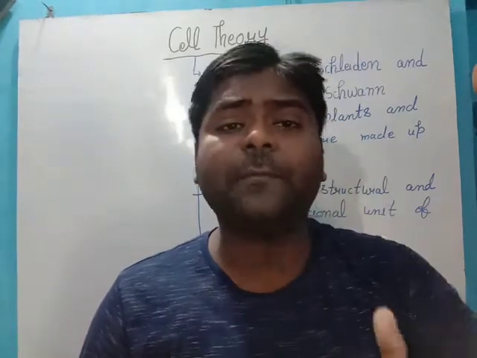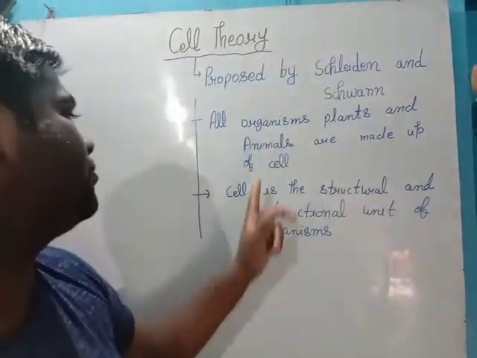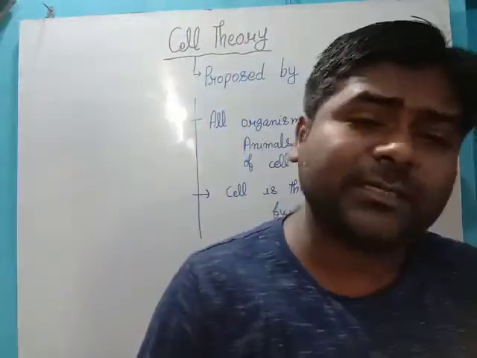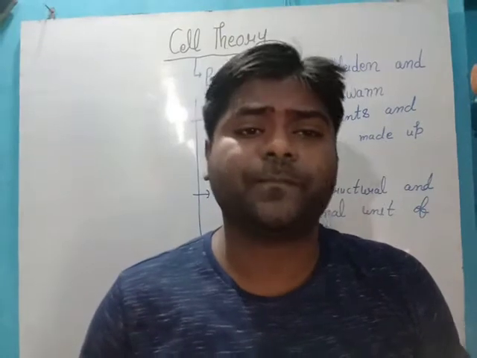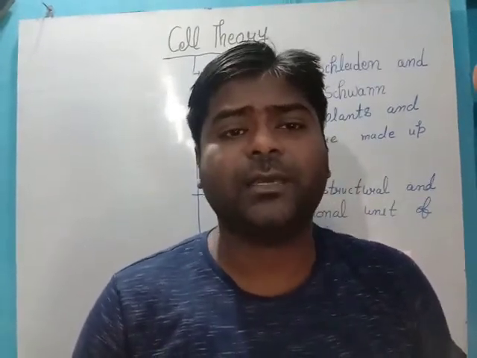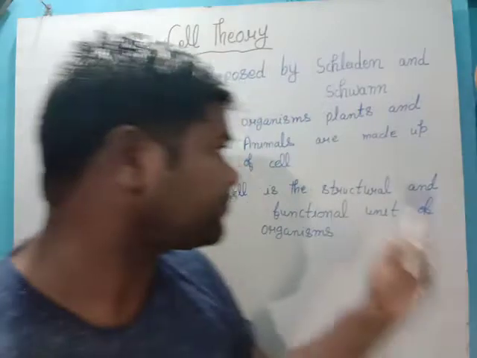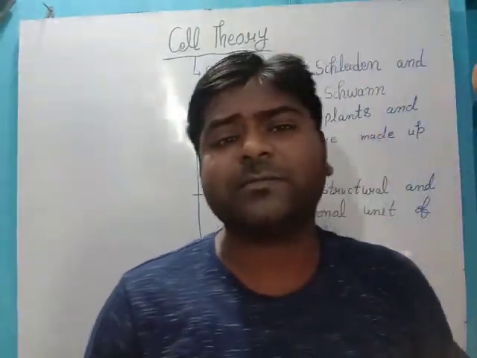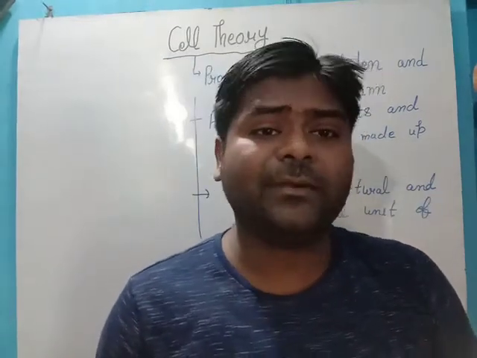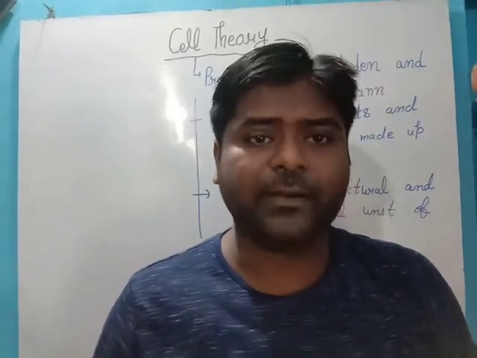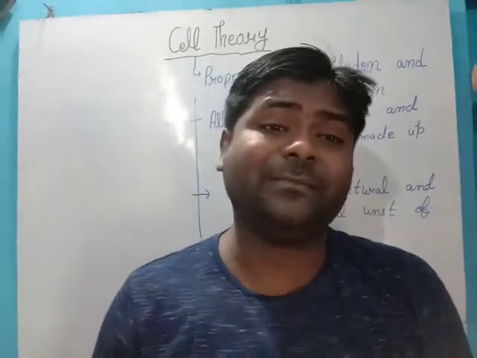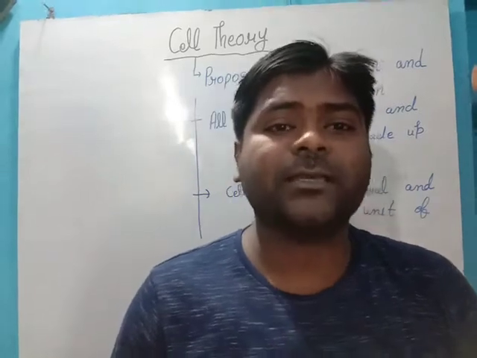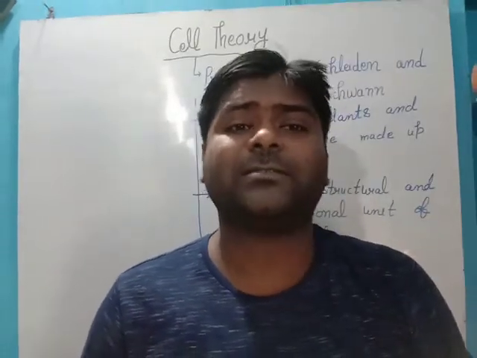Now we will have to understand the meaning of these 2 points, what they proposed. Let's take one by one. When we have this one, we know that we have unicellular organisms and multicellular organisms. In multicellular organisms, there is complexity, meaning we have the formation of tissues, organs, and organ systems.